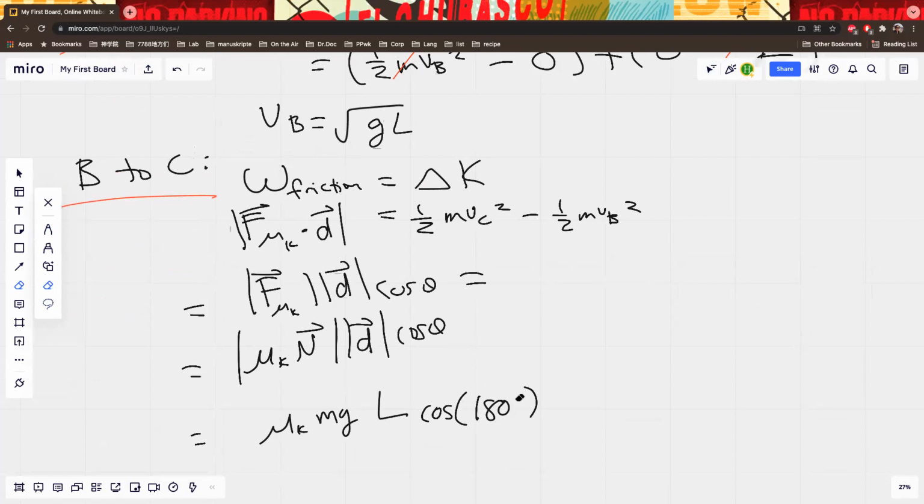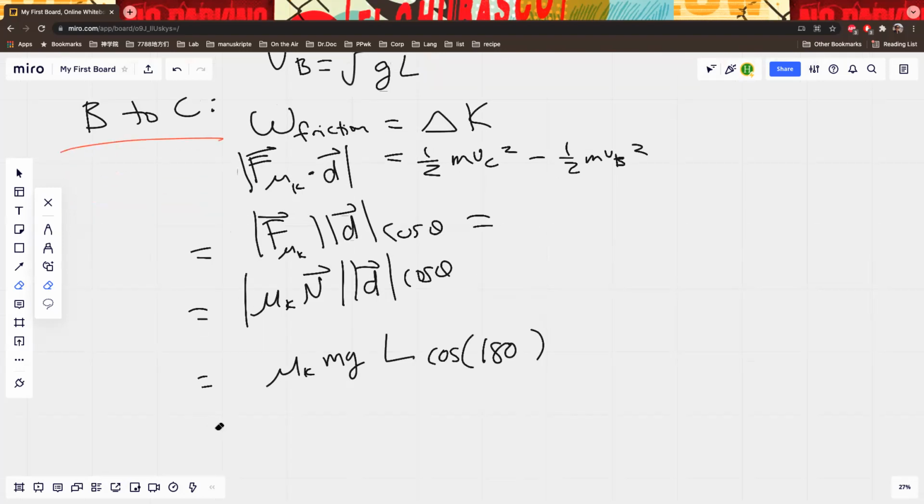The force vector is going to the left, and the displacement vector is going to the right. The normal force isn't doing work in this case; it's the friction that's doing the work. The normal force is working against gravity, but it's not moving in the normal force direction. So the work due to normal force is equal to the work due to gravity, and those cancel out.